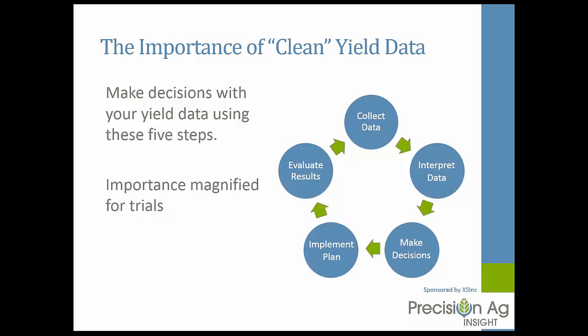And maybe one of the most important things is to evaluate the results at the end of the year to see what could be improved, what we did right, what we did wrong. But the first step that's maybe the most critical step is collecting that clean yield data, or cleaning that yield data after it is collected.